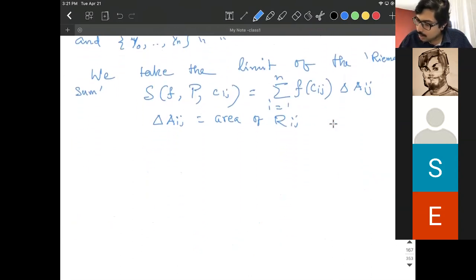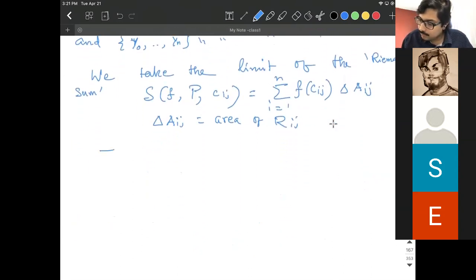Okay, now call If to be the limit, as the norm of this partition tends to 0, of this Riemann sum.